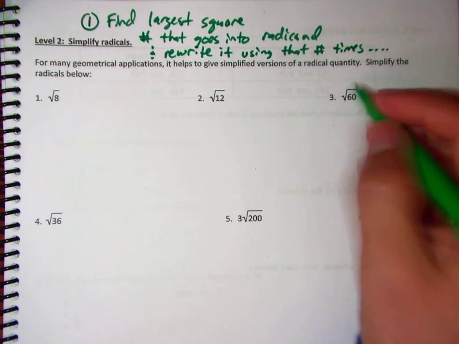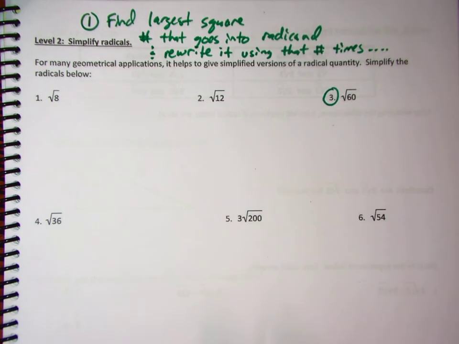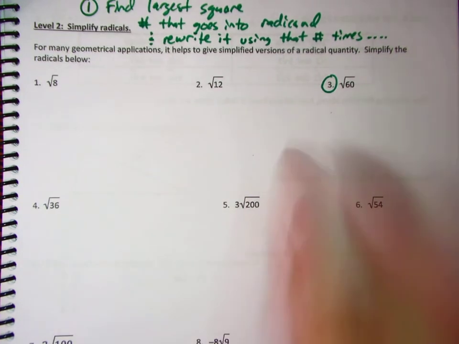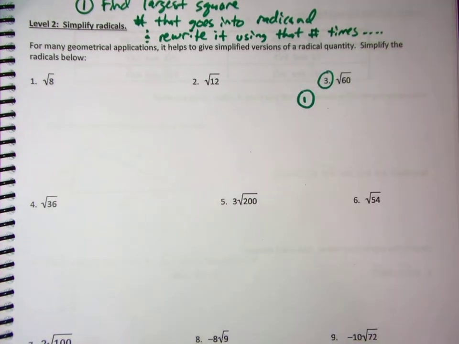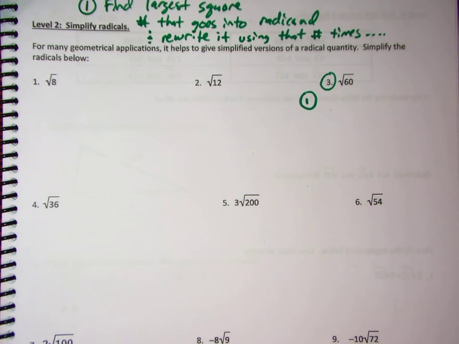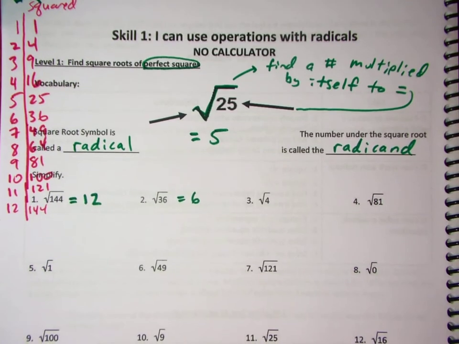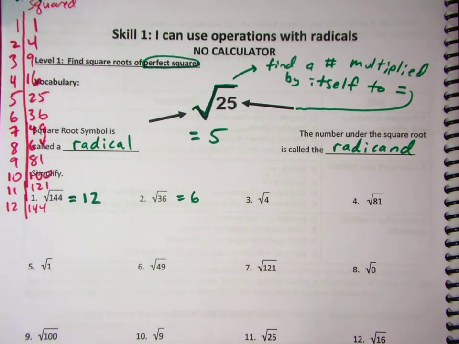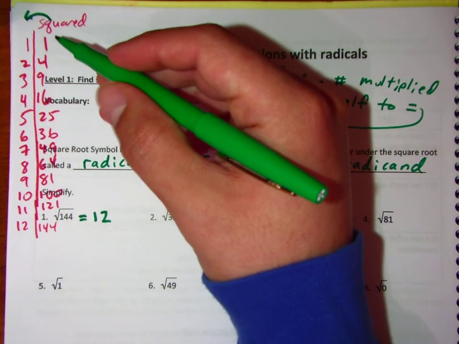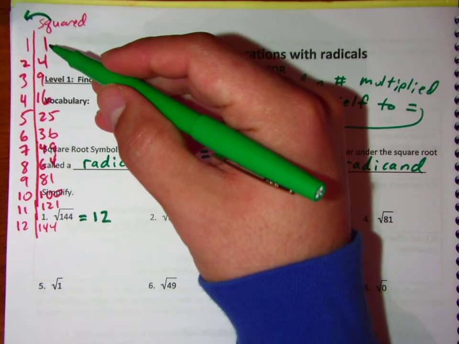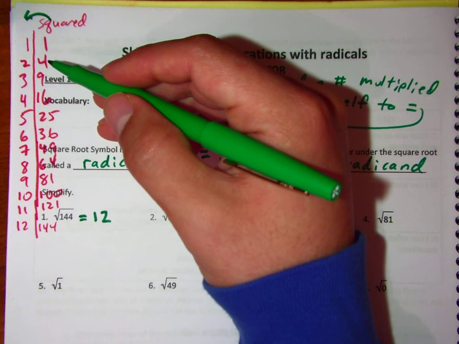Let's do number 3, and this is with option 1. If I'm trying to find the largest square number that goes into 60, I'm looking at this list right here. So I know 1 goes into 60. I know 4 goes into 60.